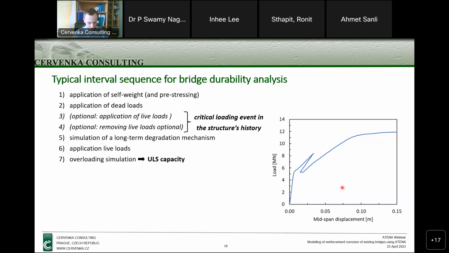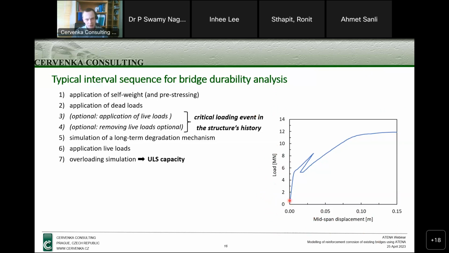the structure. So here I have a typical load displacement diagram, which can be seen as an outcome of the analysis, showing the midspan deflection of the bridge and the total load applied on the bridge.